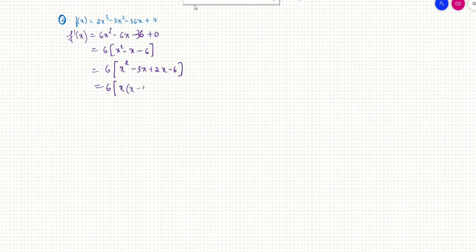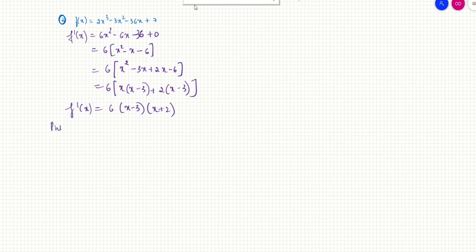So we get x into x minus 3 plus 2 into x minus 3. Now in the entire term x minus 3 is common. So x plus 2 will remain. So f dash of x is equal to 6 into x minus 3 into x plus 2.